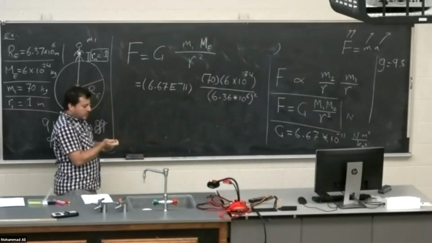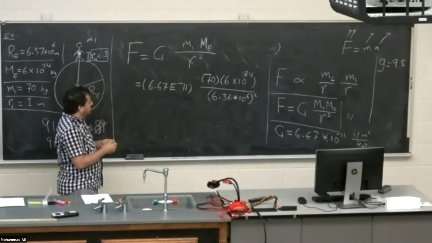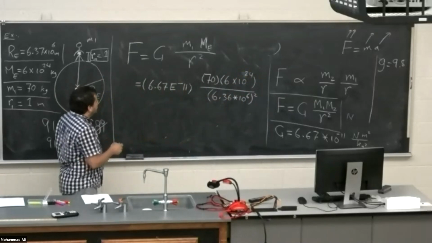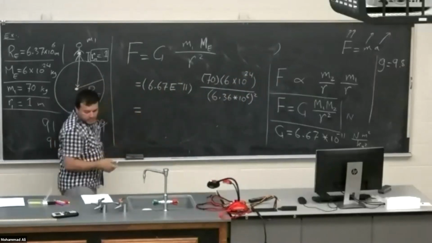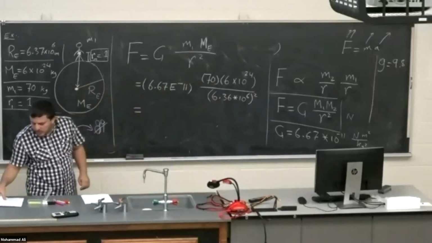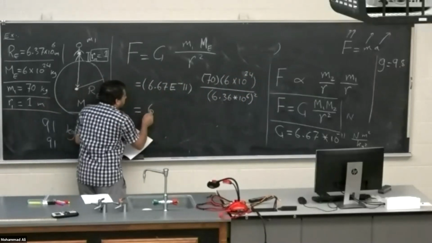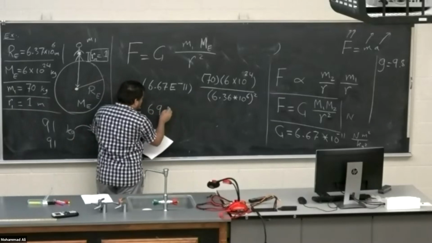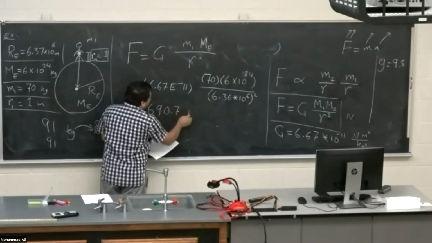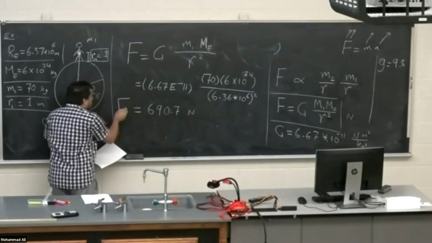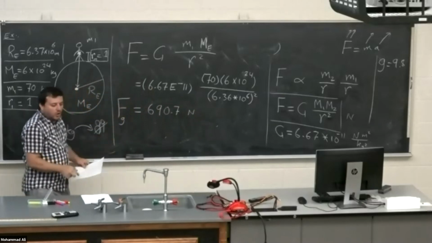You can use your calculator directly to solve that. This will give you 690.7 newtons. This is the force of gravity.